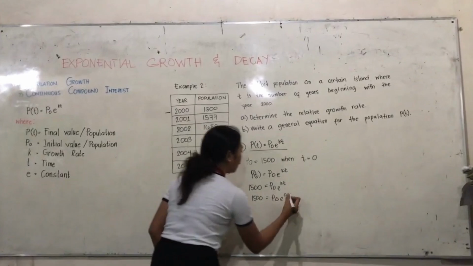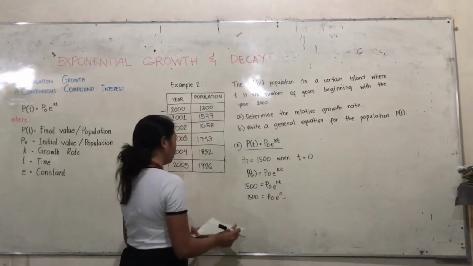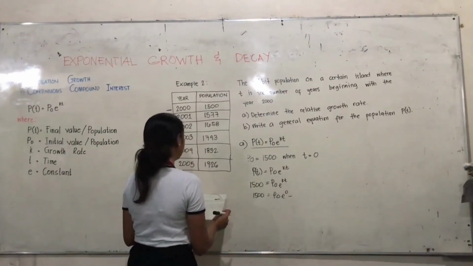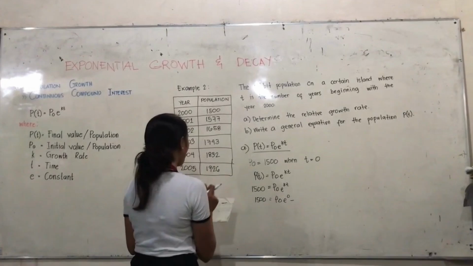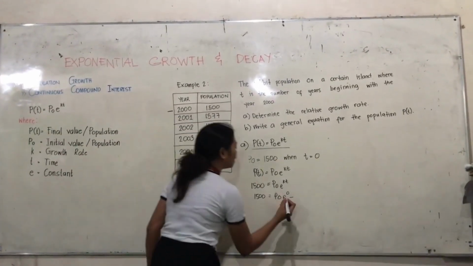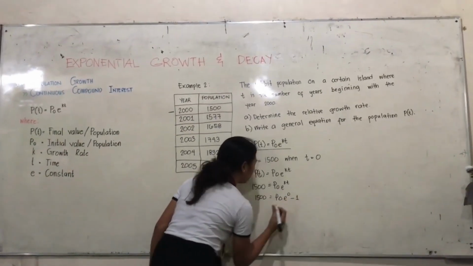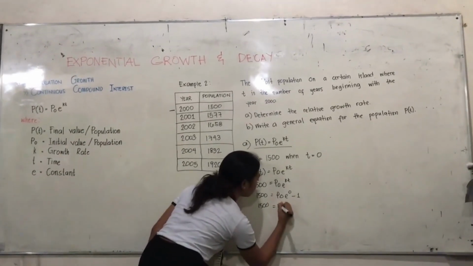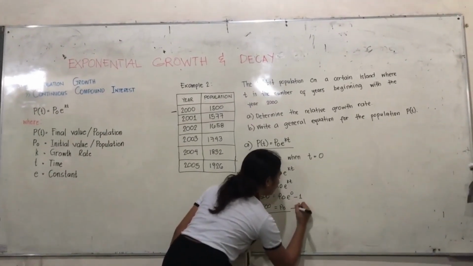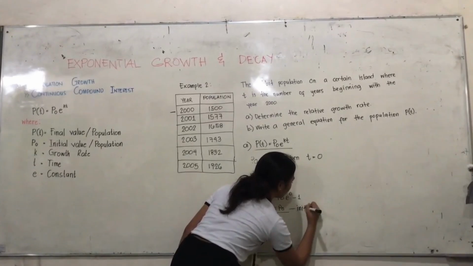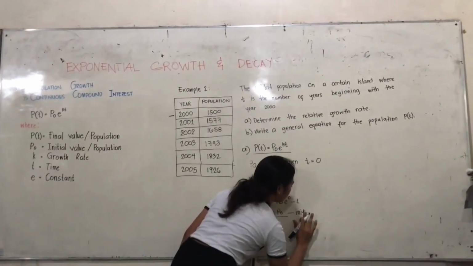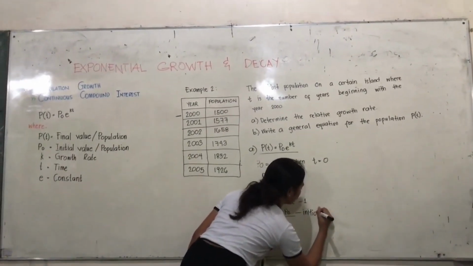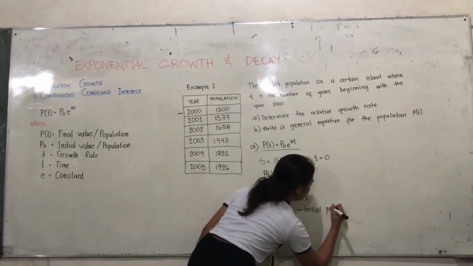So in the logarithm, e to the 0 is equal to 1, so we have here 1,500 is equal to P0. This is our initial population.